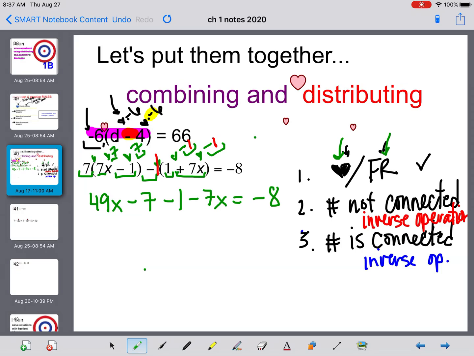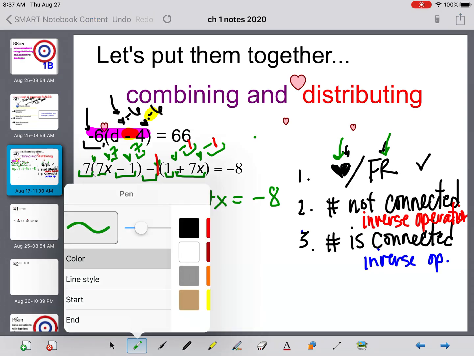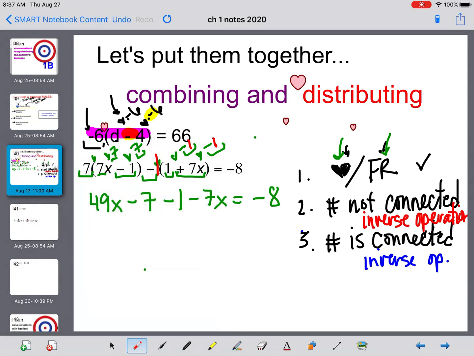I want to have a family reunion. I want to get everybody with the same last name together. And this is where identifying those terms in an equation is really important, because I want to know that the negatives go with the number directly behind them.